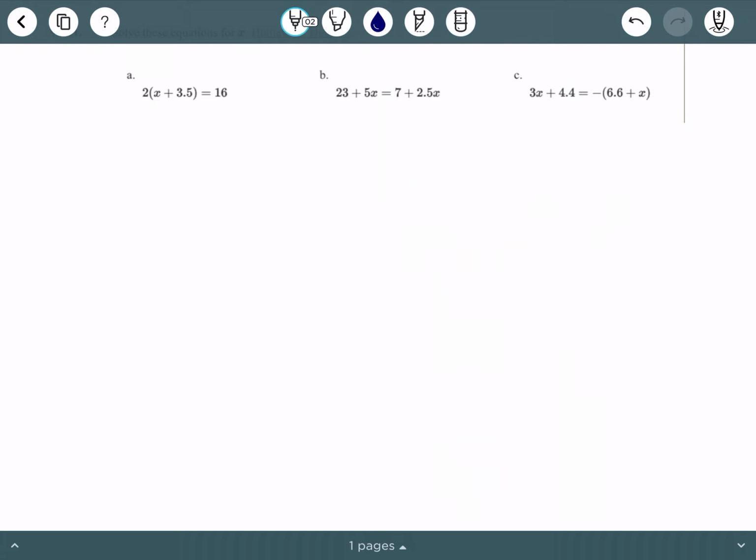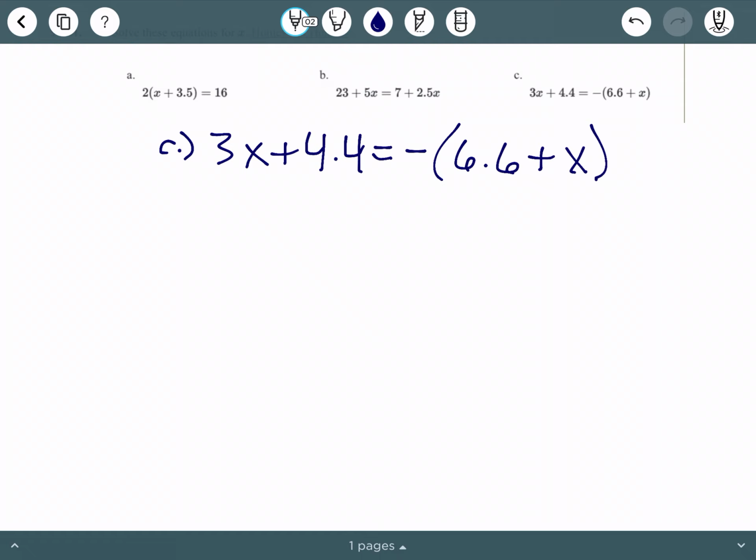And part C, I'm going to copy that down here. So we have 3x plus 4.4 equals negative, or a negative 1 is implied, times the quantity of 6.6 plus x.